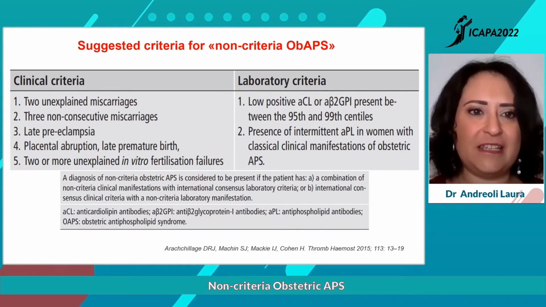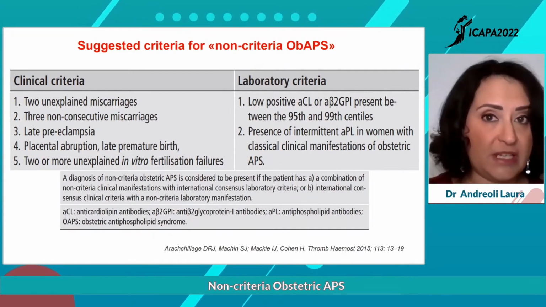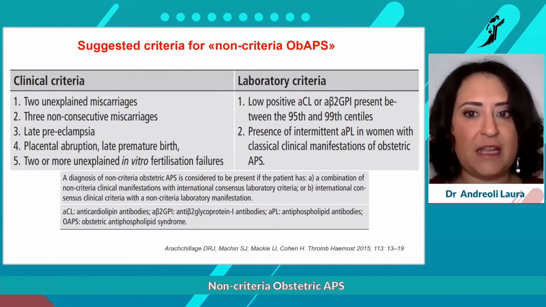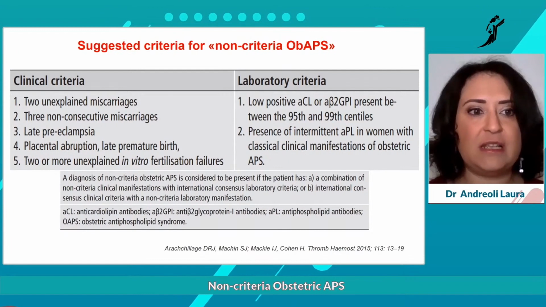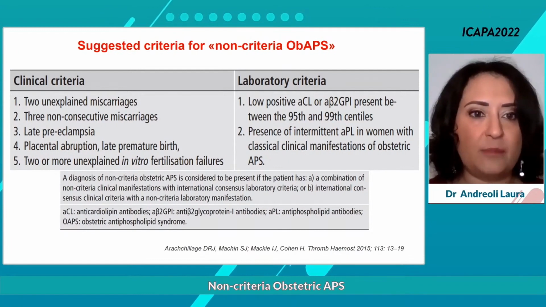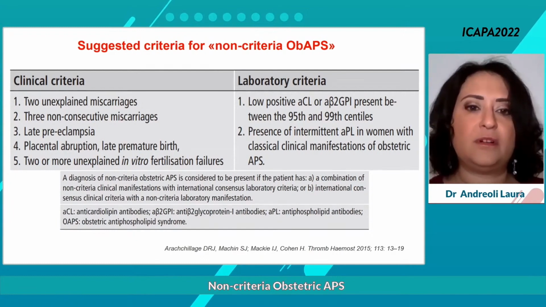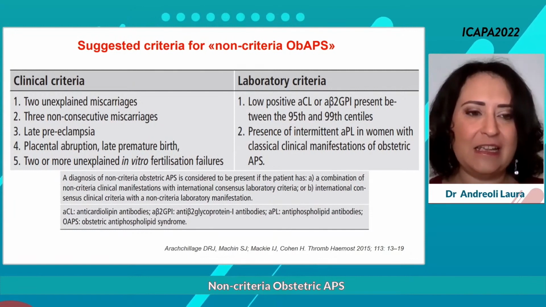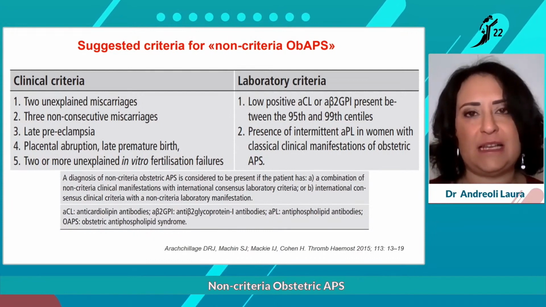So for clinical criteria, we can have 2 unexplained miscarriages, 3 non-consecutive miscarriages, or late preeclampsia instead of early preeclampsia before 34 weeks of gestation, or placental abruption and later premature birth, or, turning to assisted reproduction techniques, we can consider 2 or more unexplained in vitro fertilization failures.